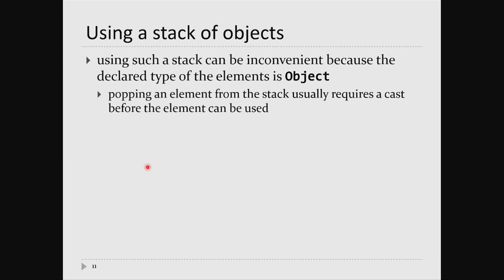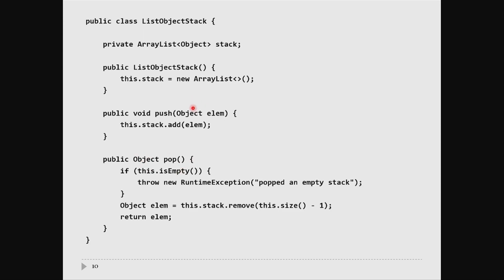Now the problem is when you use this class, it's really inconvenient. It's inconvenient because when you pop something from the stack, you get back an object reference. So if you've got a stack of strings, when you pop that stack, you don't get back a string, you get back an object.